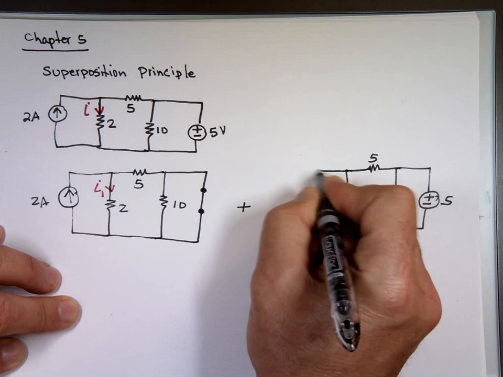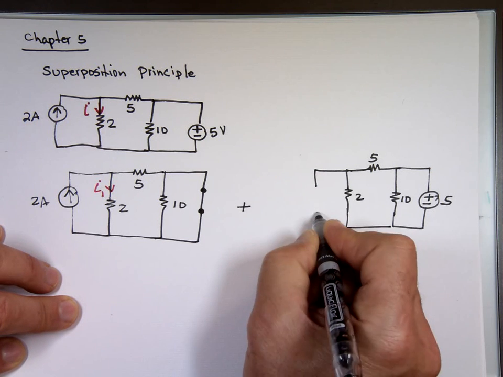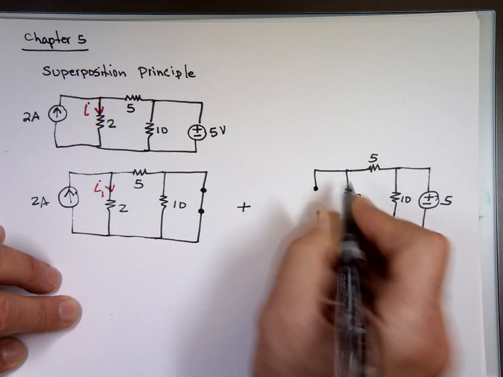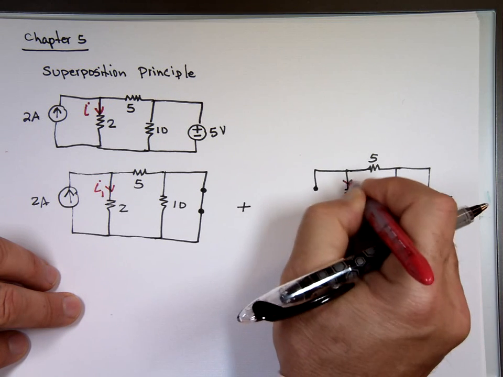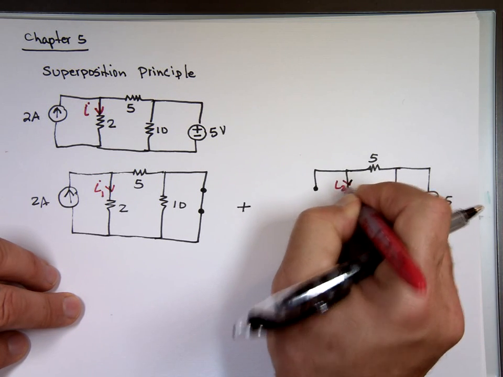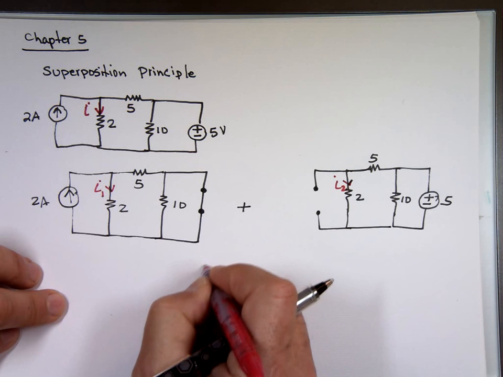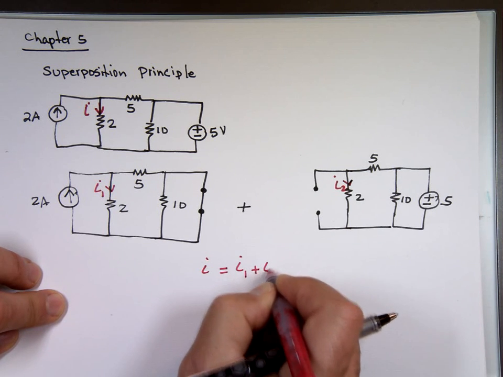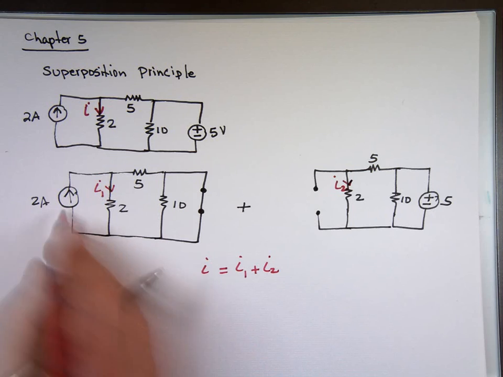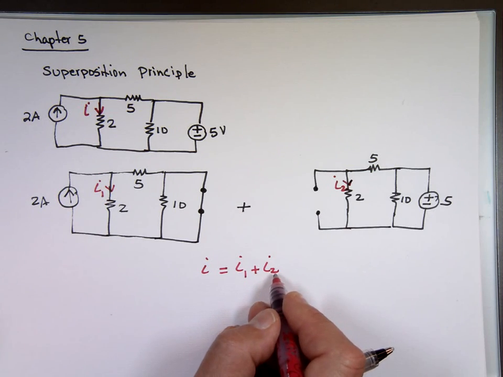And when you kill a current source, you make it an open circuit. We'll call this I2. So the current I'm looking for is the sum of them, I1 plus I sub 2: the current due to source 1 plus the current due to source 2.